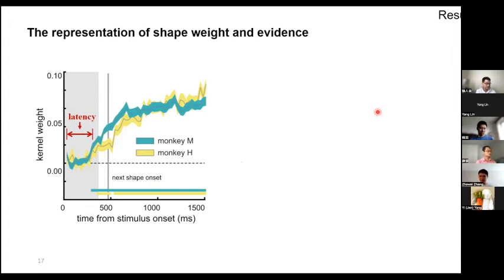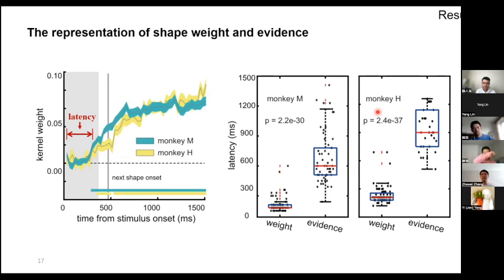Then we compared the encoding latency of the weight and the evidence. Only the neurons encoding both variables significantly were included, and the results are shown in the red panel. From this panel, we can see that the average latency of the shift weight was shorter than that of evidence, which is consistent with the idea that LIP neurons use the weight information to calculate the accumulated evidence.